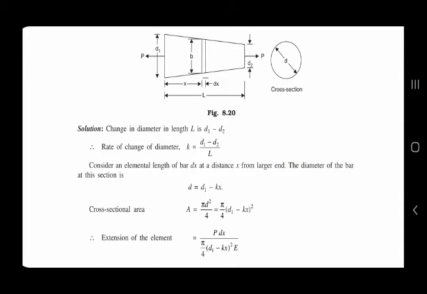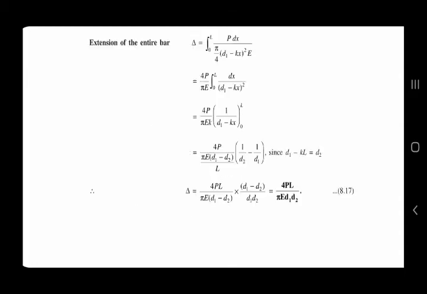After integrating we get 4P upon pi E K into [1 upon (D1 minus Kx)] over the limits 0 to L, that is the entire length.